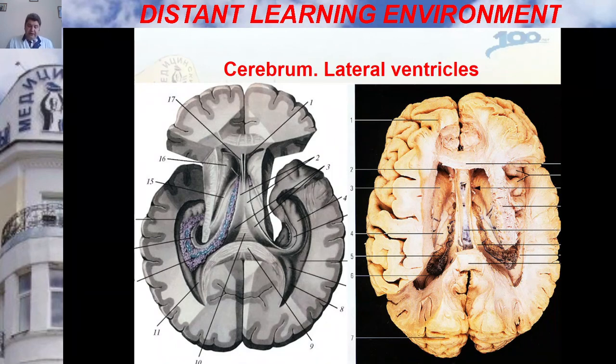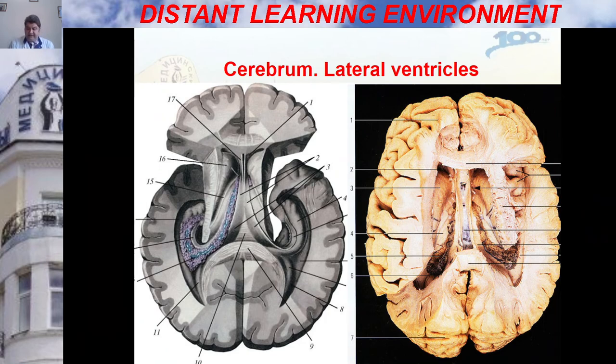So two lateral ventricles are situated below the level of the corpus callosum, on either side of the midline in the hemispheres, as remnants of the primary cavities of both the ventricles of the brain. The whole thickness of the brain matter separates them from the superior lateral surface of the hemispheres.